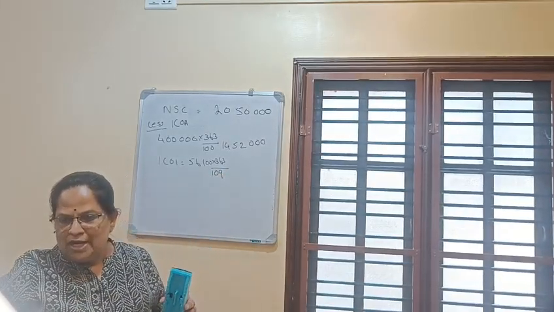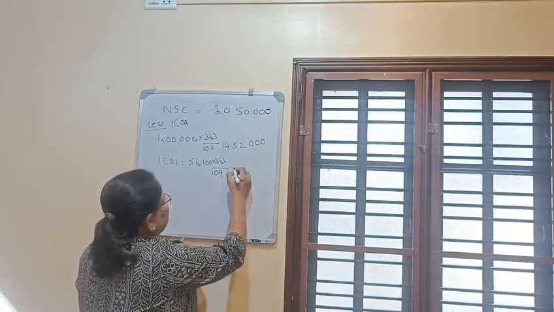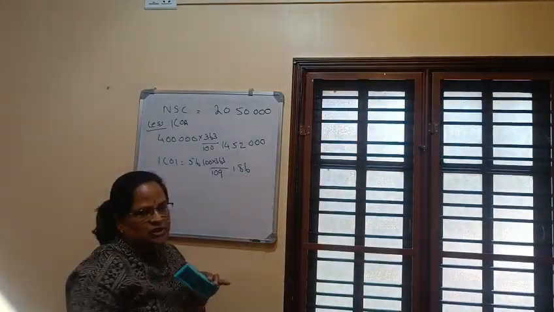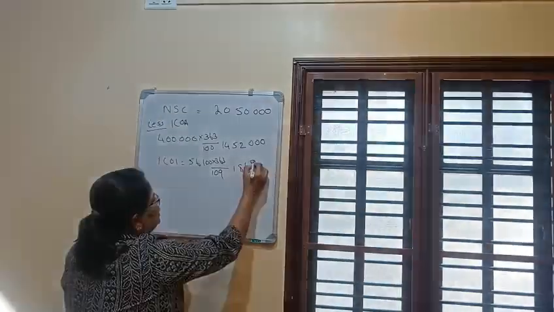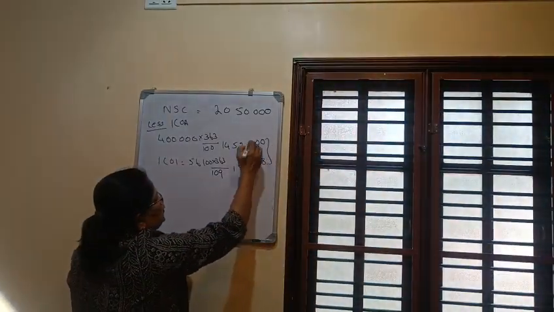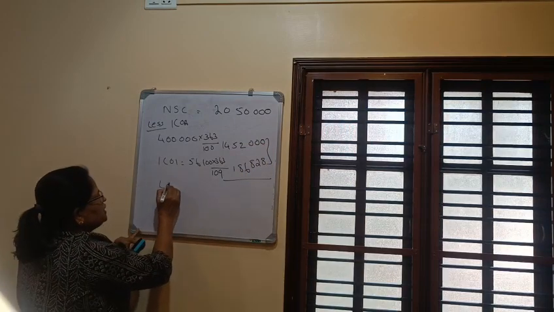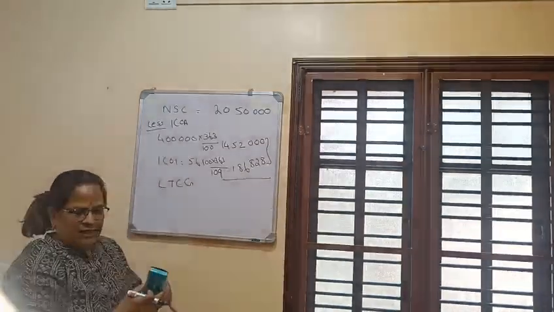So that value is 1,86,828. So these two values we have to reduce from net sale consideration, then you will get the LTCG.